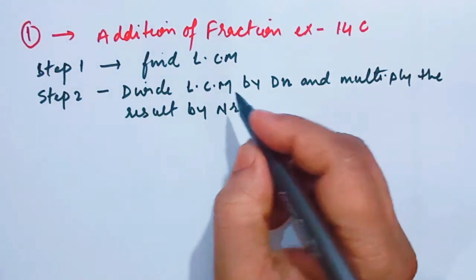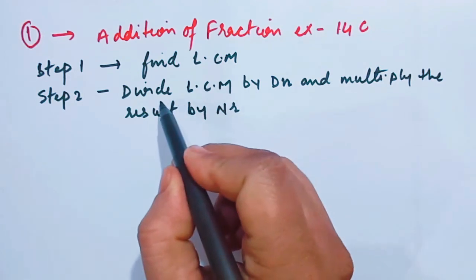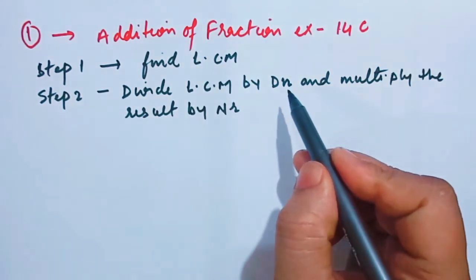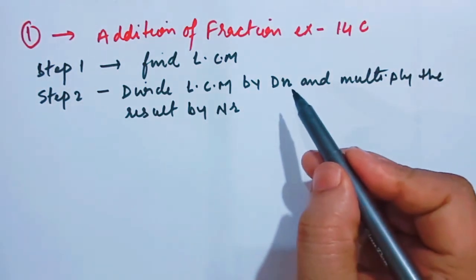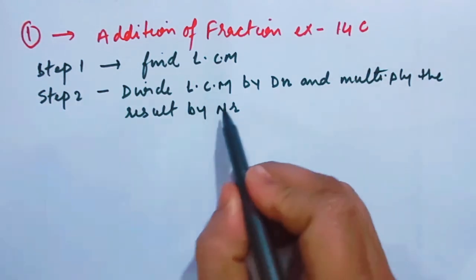Once again, find LCM, and then in step 2 we shall be dividing this LCM by the denominator, and whatever you obtain, you will multiply it with the numerator of the fraction.